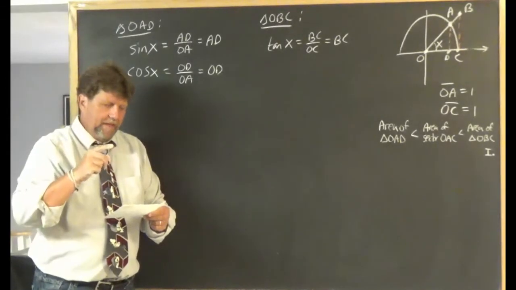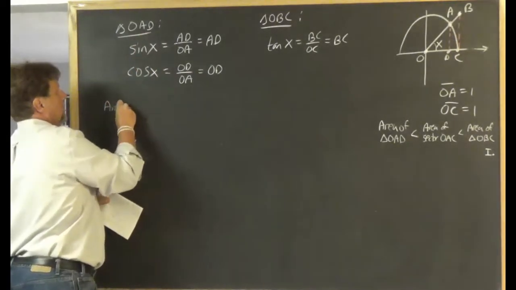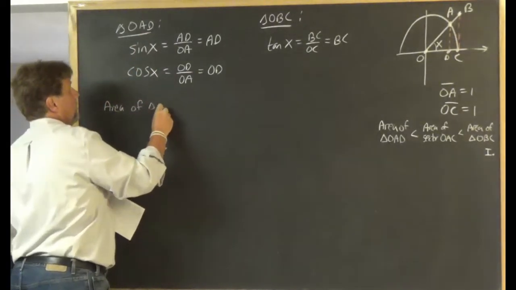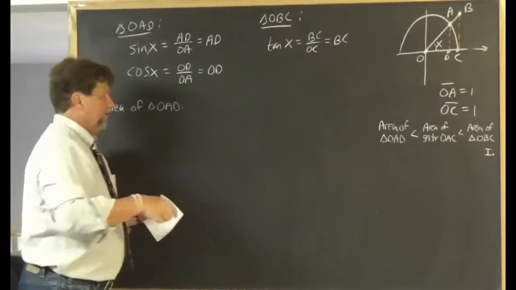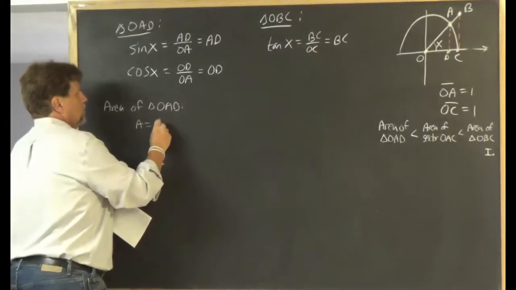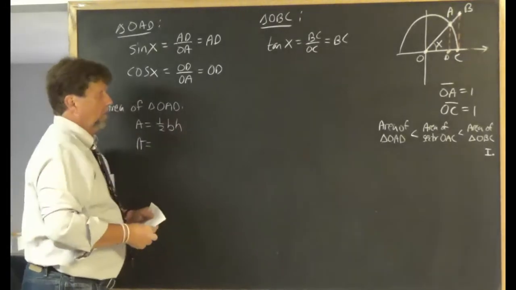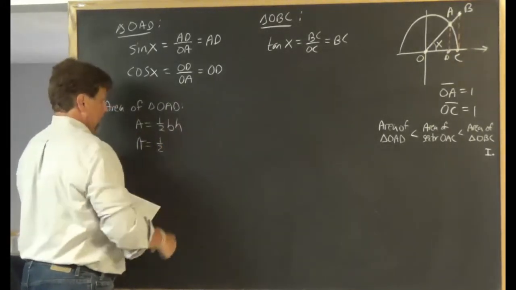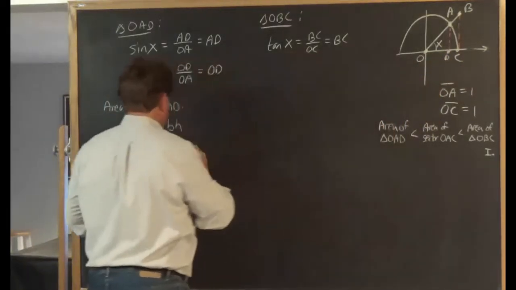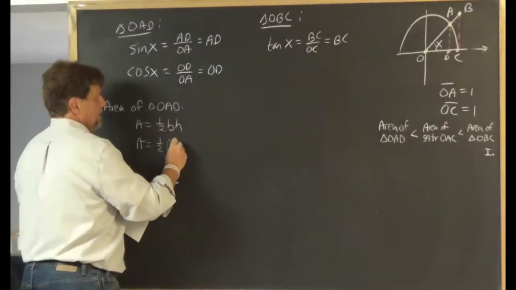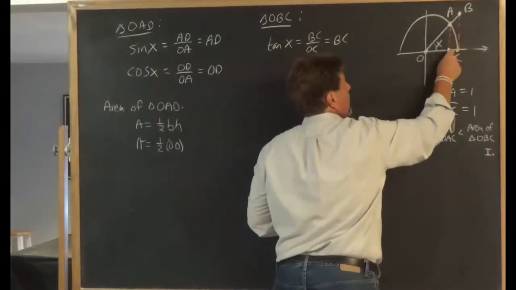Now let's write down what the area of triangle OAD is. Well, we reviewed the formula for the area of a triangle. It's 1/2 base times height. So for triangle OAD, it's 1/2 the base. The base is OD. And the height, well, here's the height of triangle OAD.